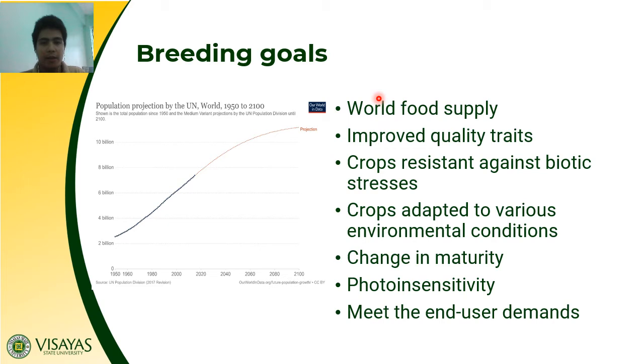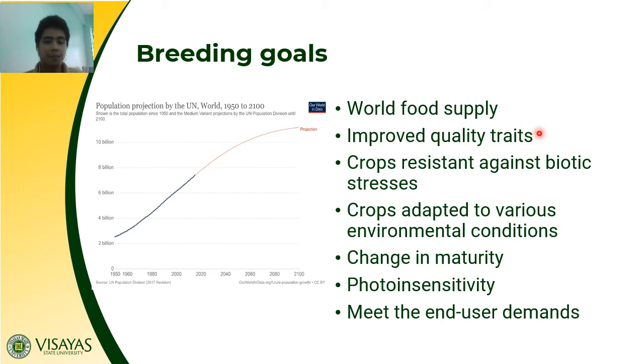So here is your guide on formulating your breeding goal. Say for example, you want to target the world food supply, so you will have a breeding goal to develop varieties that are high yielding and early maturing. And then of course, if you have that, then you can help in the world food supply. Another target in your breeding goal is to improve the quality traits.